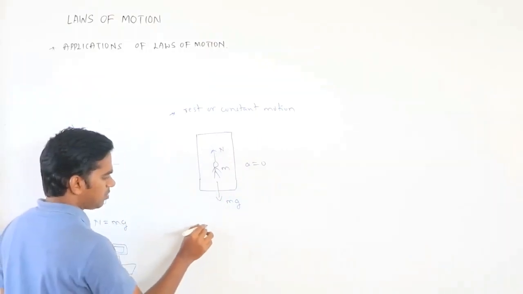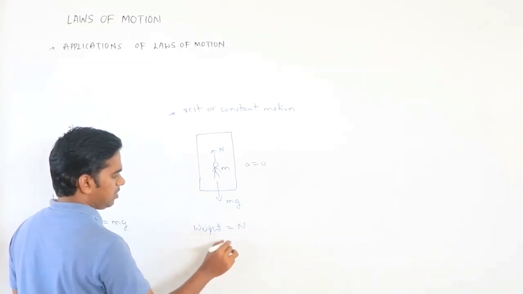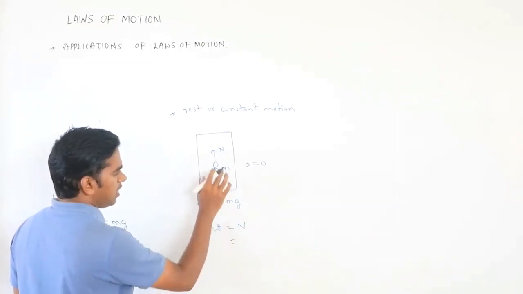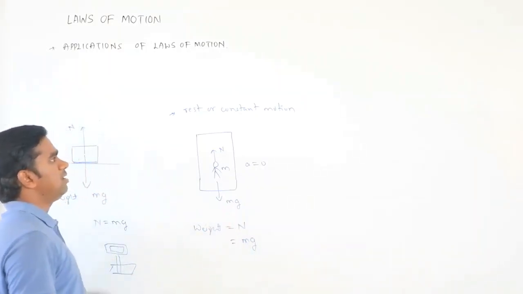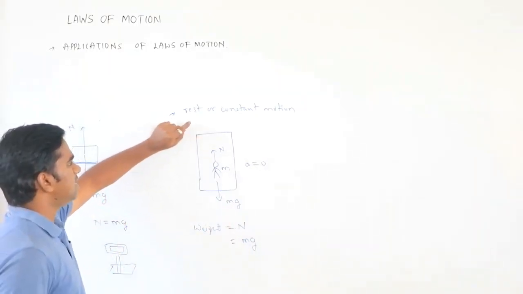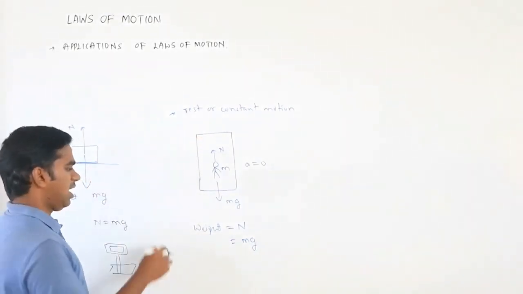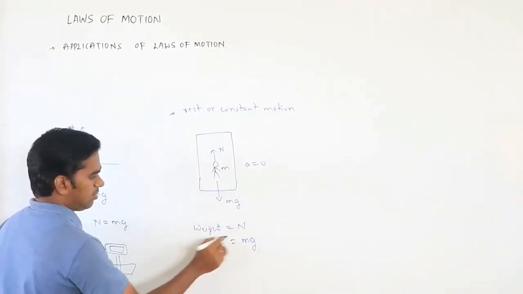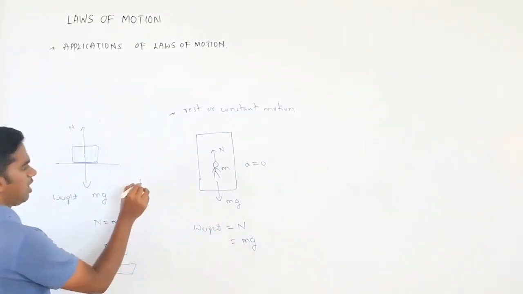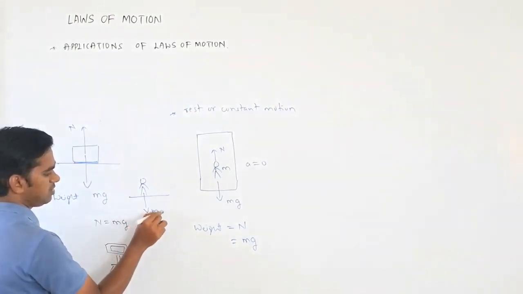Already you know that normal reaction is equal to weight. So N equals weight equals M into Z. So when the lift is at rest or moving with constant motion, the apparent weight is equal to the actual weight. This mg is your actual weight. When you are outside, the actual weight is mg.